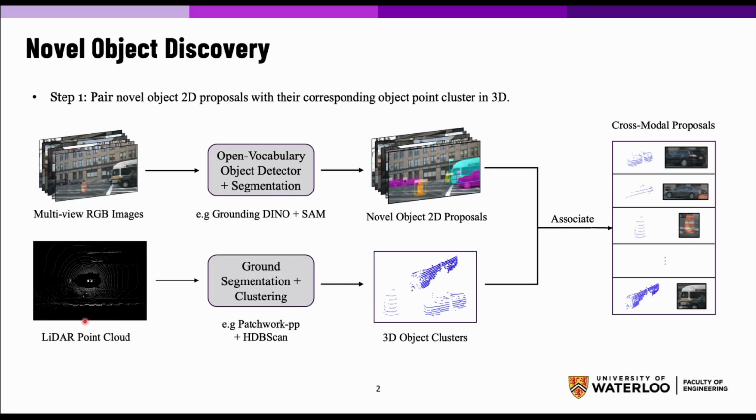So you can start by taking the LiDAR point cloud and clustering the objects out. And then we take some association algorithm, and then we pair the corresponding regions with their point cloud. So what that leaves us is a bunch of cross-modal proposals.